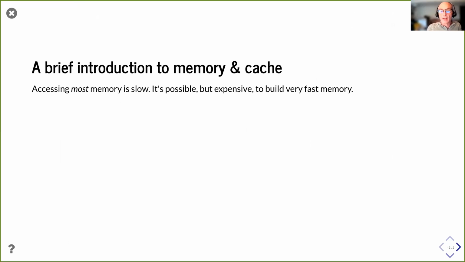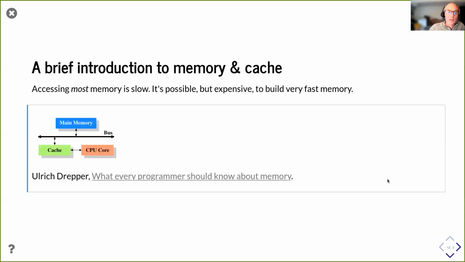Now, this is not inevitable. It is actually possible to build extremely fast memory. It's just that it's also extremely expensive to do so. The cost of a computer that has nothing but fast memory would be so prohibitive that no one would ever buy it. And so what the designers of machines have done is provide you with multiple types of memory that have different trade-offs.